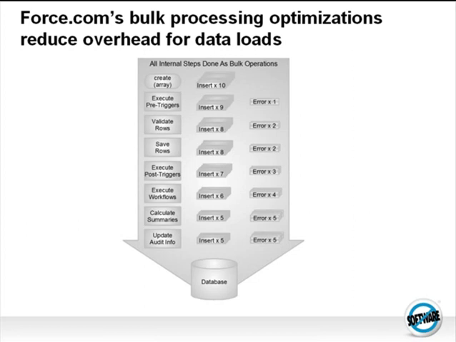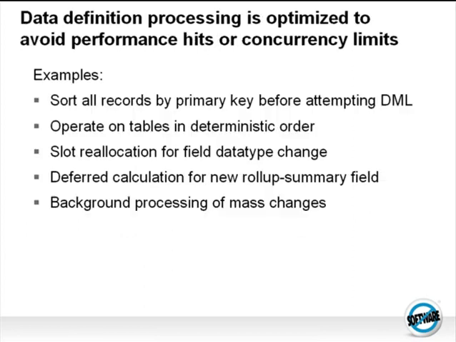But some key areas where this bulk save engine shines are, for instance, removing rows that have some error. Let's say you send 100 rows, and 2 of them fail a validation rule or an Apex trigger. We will efficiently cull out those 2 rows and, after rolling back to a save point, reprocess the remaining 98.